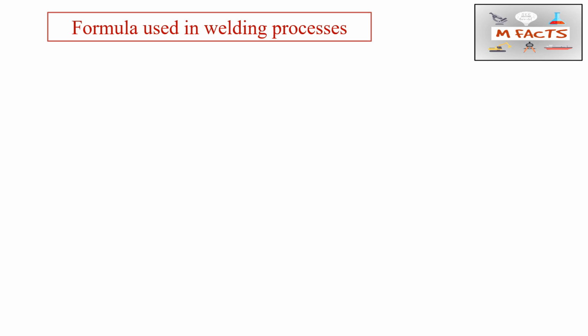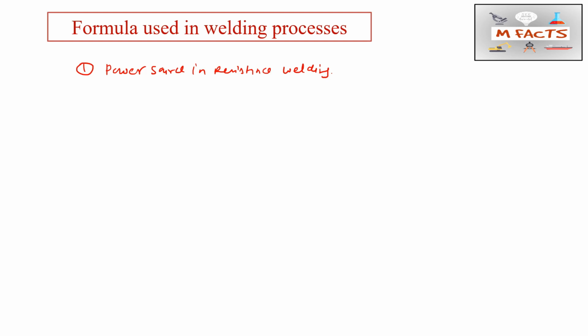So I am writing here the first formula that is used in welding processes, that is related to the power source in resistance welding. These are the very basic formulas, and the formulas used in the welding process are very simple, but many people make silly mistakes because of unit conversion only.